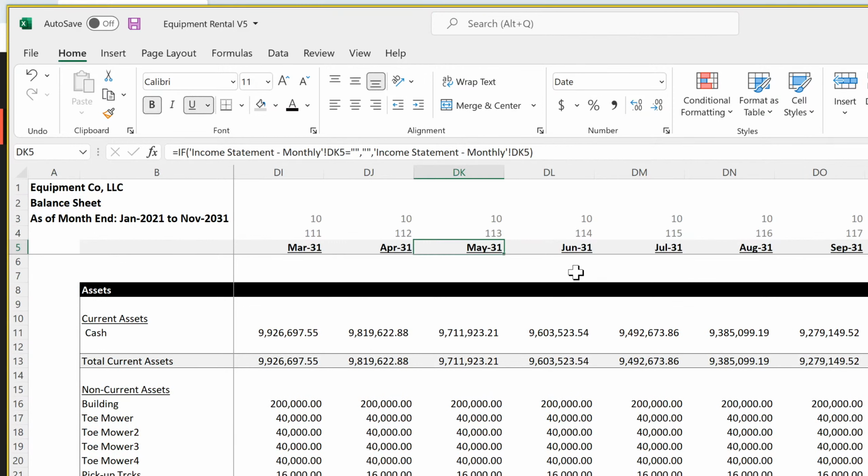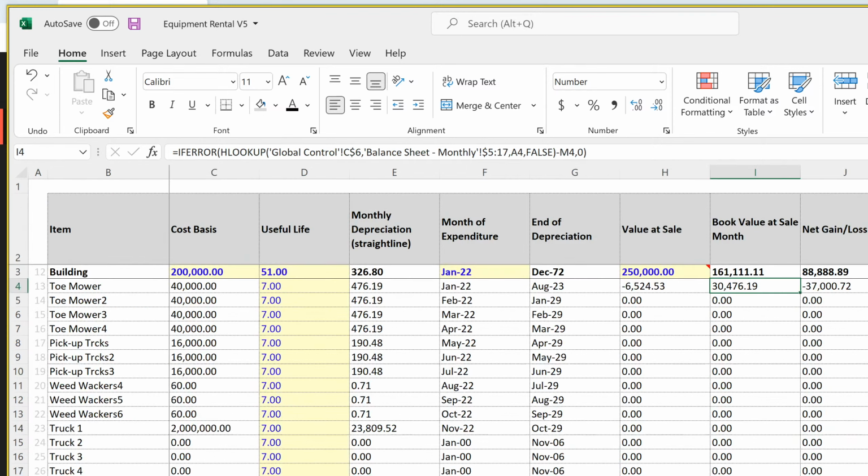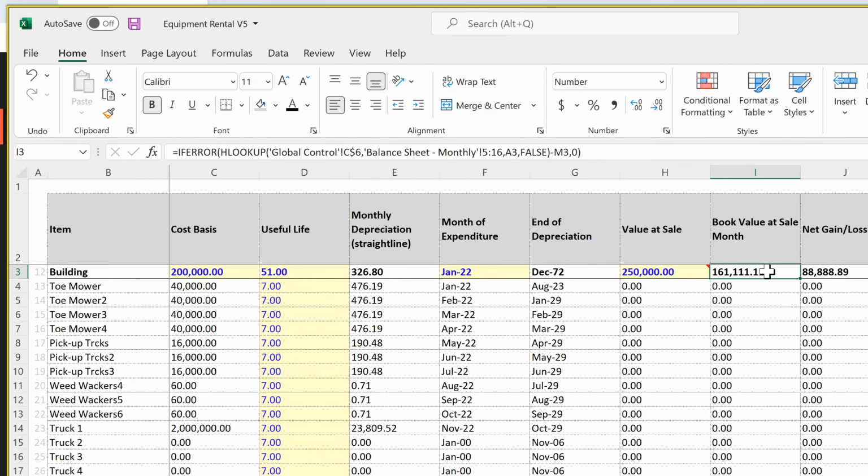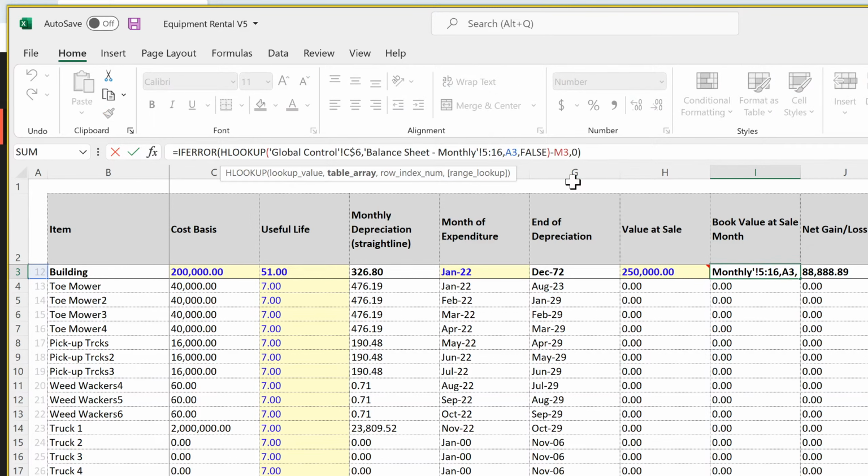So 5, 1, 2, 3, 4, 5, 6, 7, 8, 9, 10, 11, 12. So it should be 12. Or no, it should be to 16. 5 to 16, and then it should be 12. Right, 16 minus 5, 11, 12, yeah. It should be 15, 11.